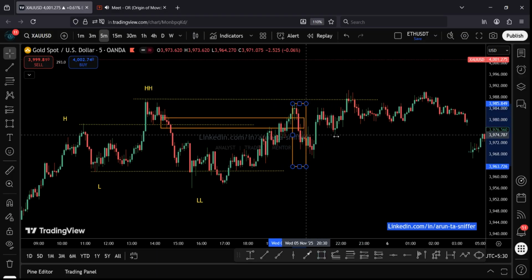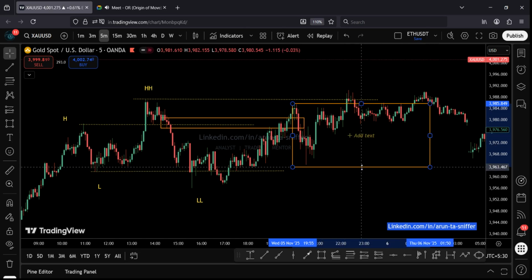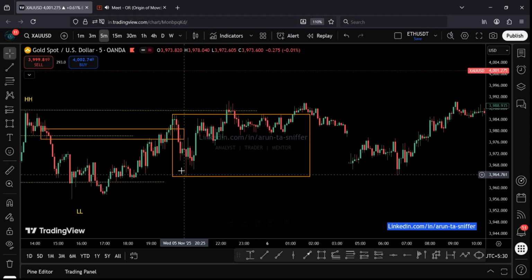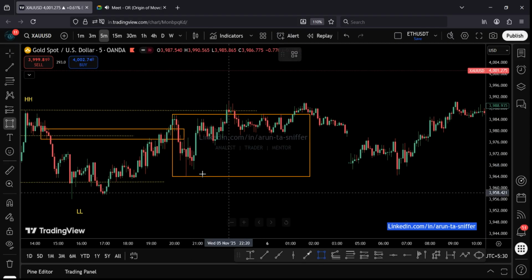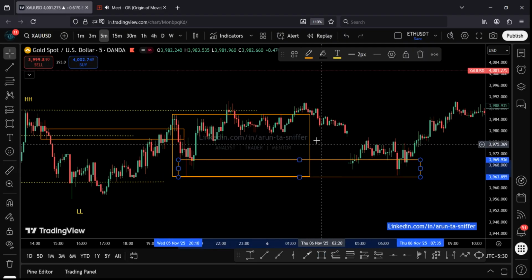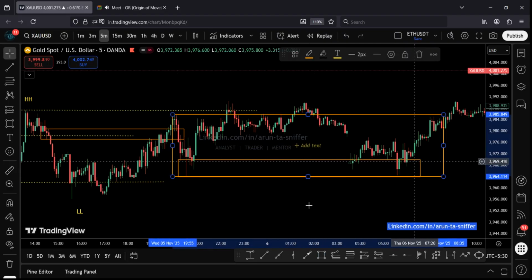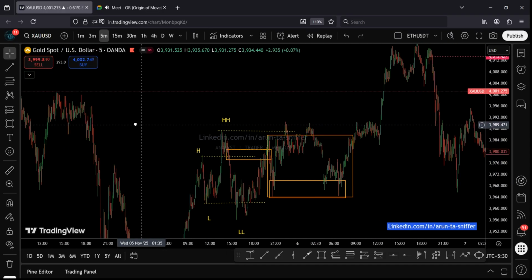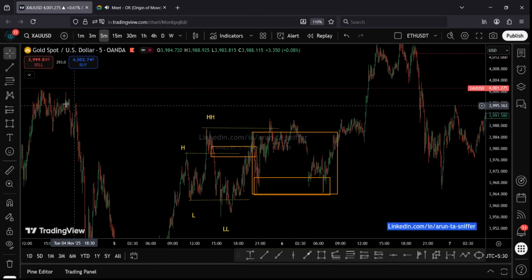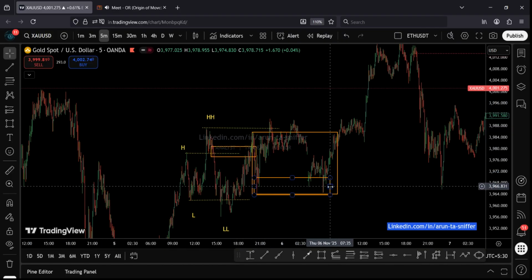Okay, so this will be our zone. This zone is big, very big. So what will we do? We will wait for the price to come back to our MPL area. This is our MPL area. Okay, and price has reached till here. So we are almost at the top of the level and price is retracing back deeply, right?